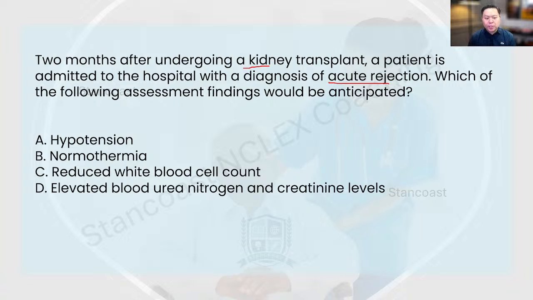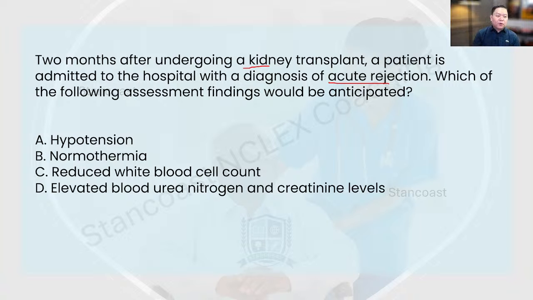Remember, hyperacute can happen within a 48-hour period, or let's say a week. And then we have the acute, which ranges from about months to years. And then we have the last one, 1 to 2 years, right? And so at this point, it's within the 2-month period. So we are in the acute rejection.